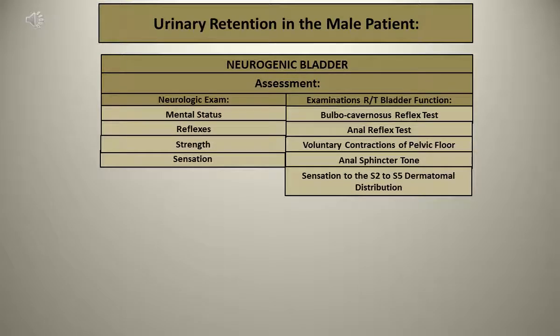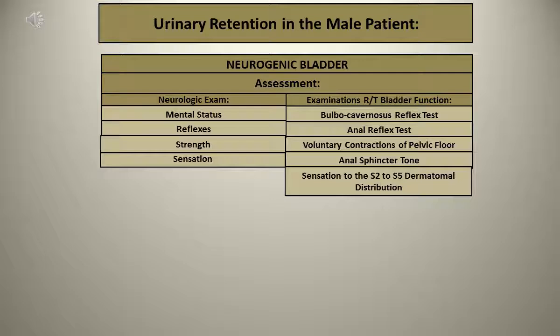Patients with suspected neurogenic bladder should undergo a general neurological examination, as well as specific examinations related to their bladder function. These can include the bulbocavernosus reflex, which is a contraction of the bulbocavernosus muscle when the glans penis is squeezed. An anal reflex test.